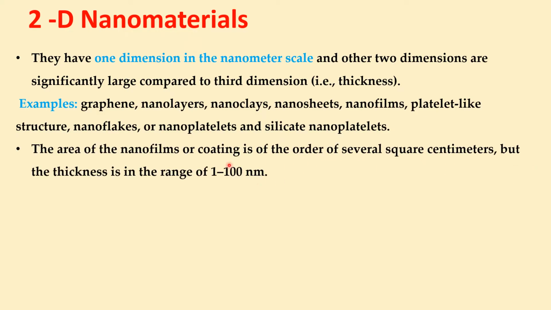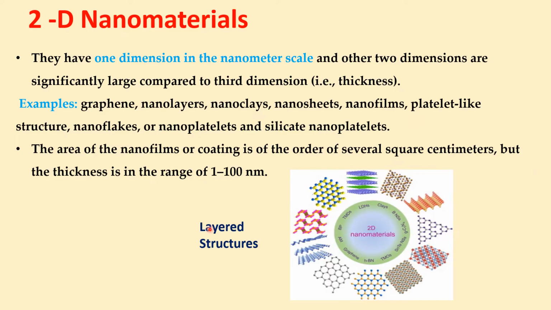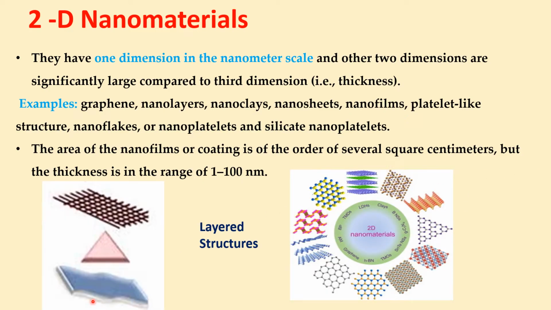So these all are two-dimension nanomaterials, and nanofilms or coatings may be in the order of several square centimeters, but their thickness would be in the range of 1 to 100 nanometers. So their other two dimensions may be larger. They are the layer structure, and one of the dimensions is in nanometer range. So these are known as two-dimension nanomaterials. They may be different kinds of layers.